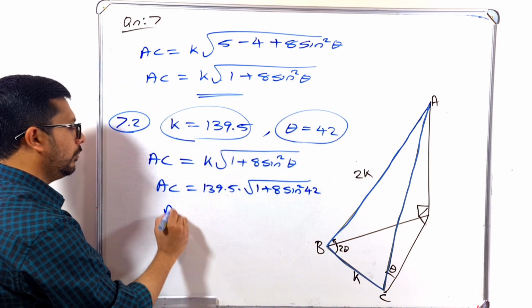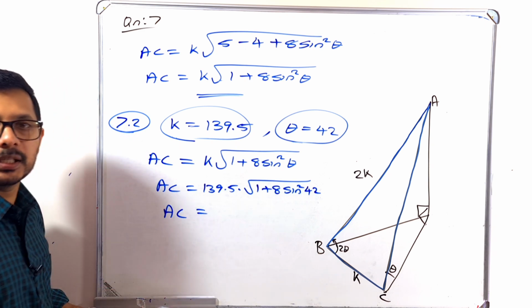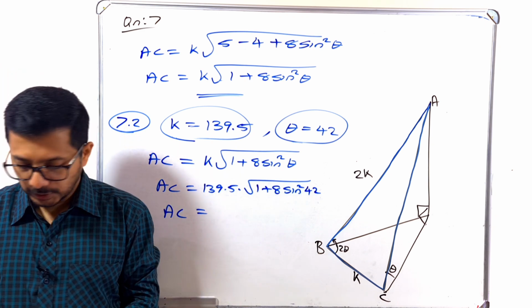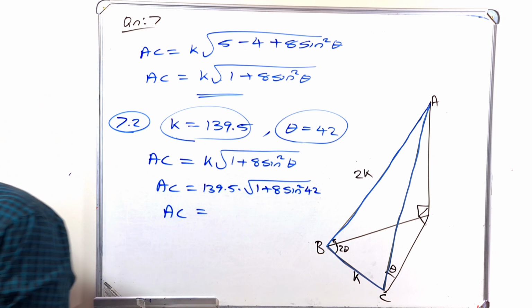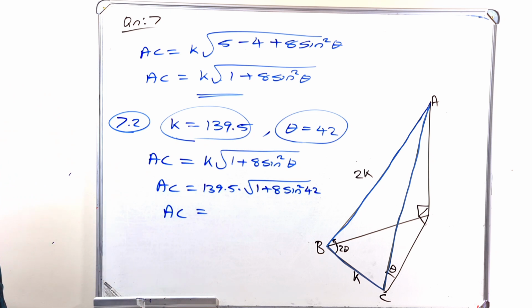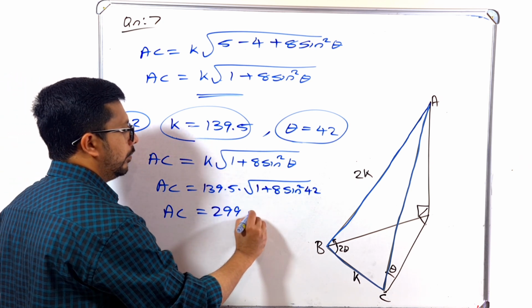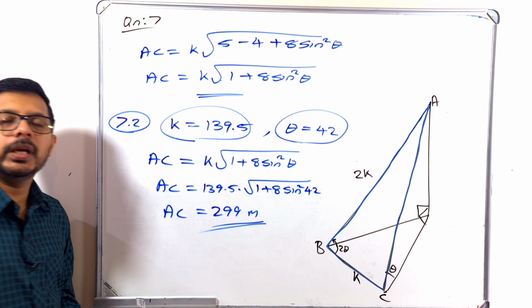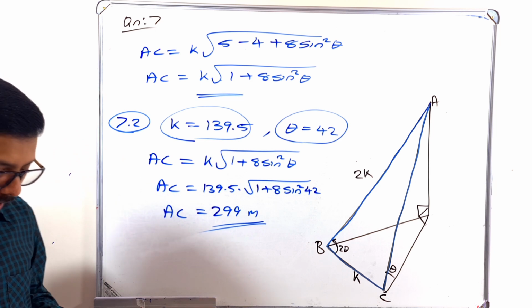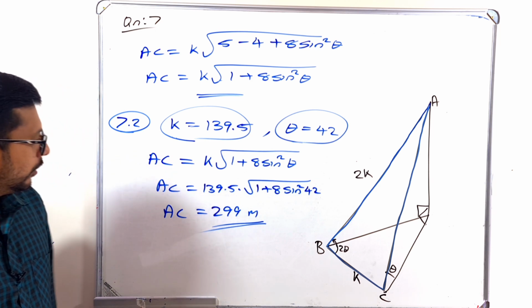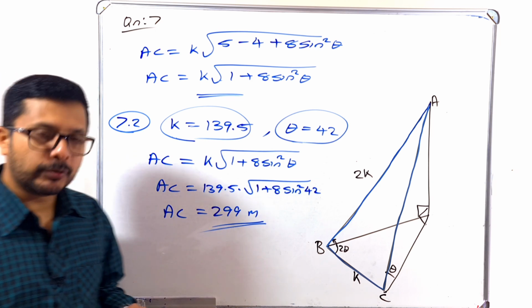Without any mistake, try to type exactly like that in your calculator. In your calculator you will get 299 meters. So AC is equal to 299 meters. So that is question number 7.2.